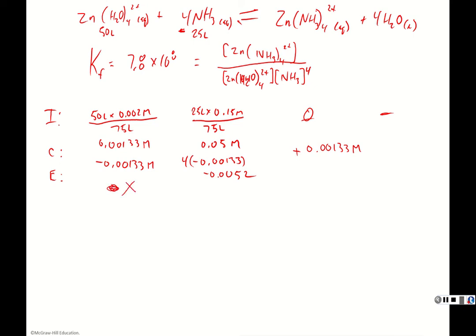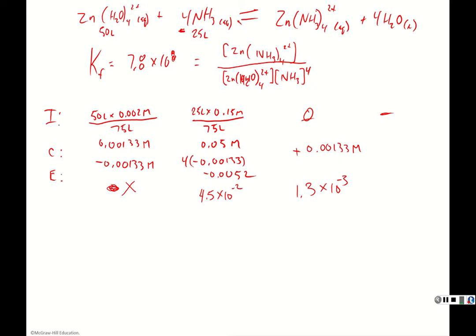Although we don't really know that because we need to factor in this equilibrium, this formation constant. So let's keep that x here. If we subtract 0.05 minus 0.0052, we get approximately 4.5 times 10 to the minus 2. And then we know we're going to produce about 1.3 times 10 to the minus 3 molar of that final compound.